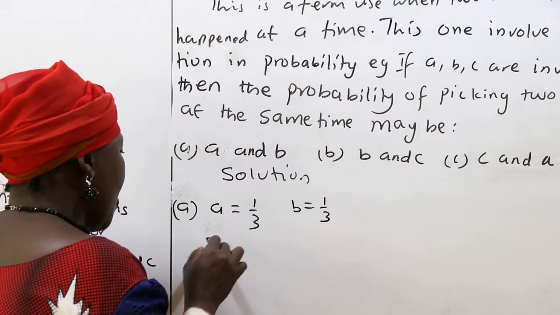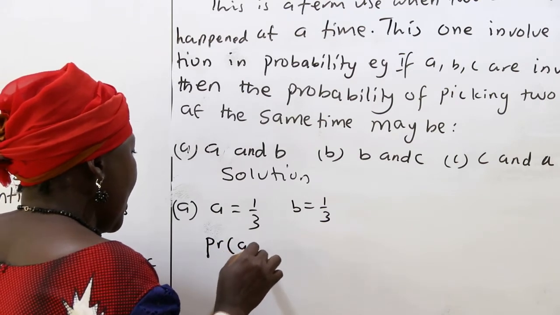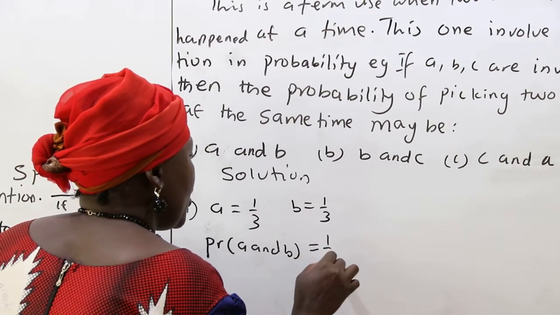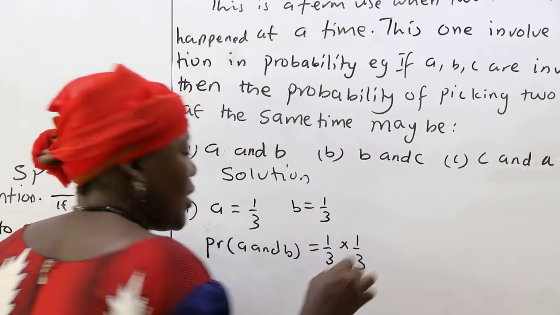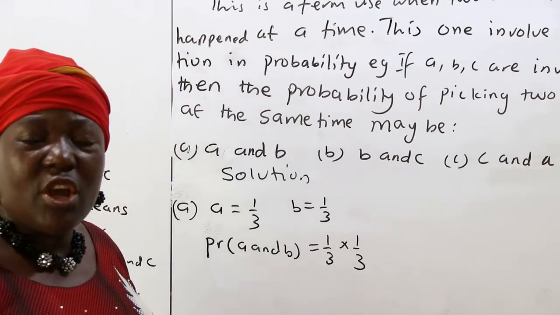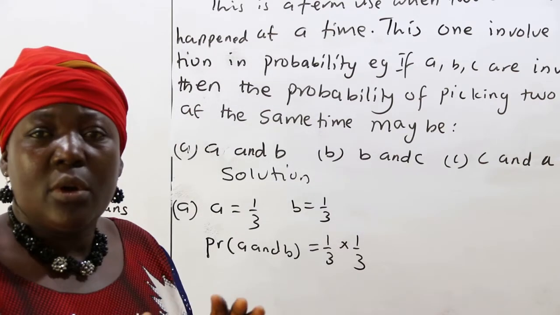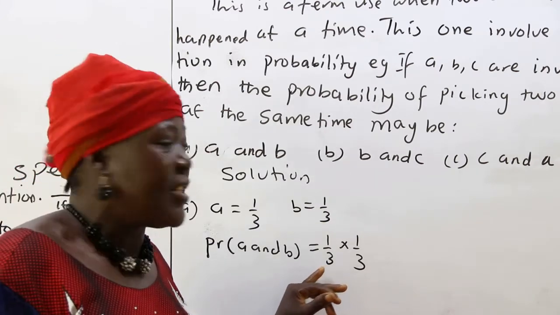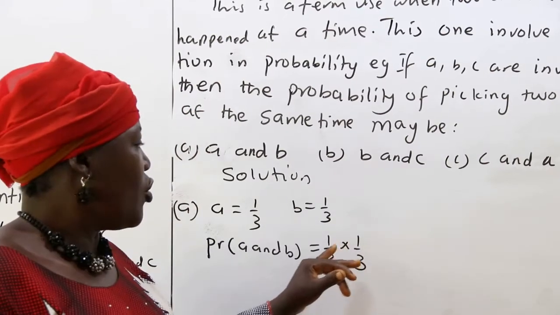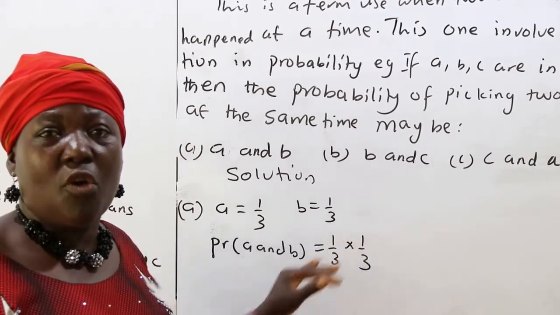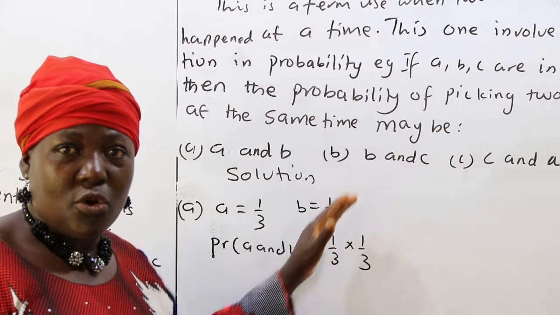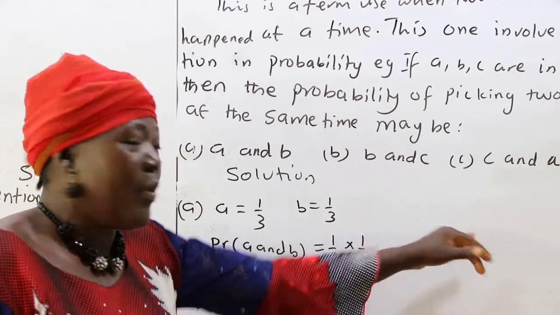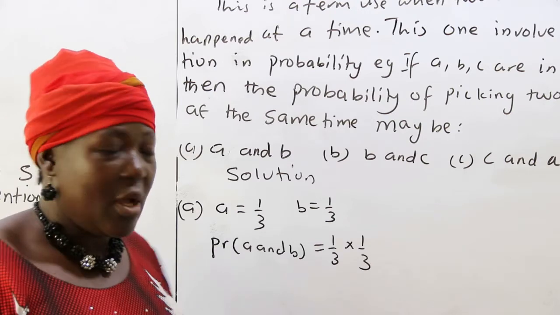Then the probability of getting A and B will be equal to 1/3 times 1/3. Okay? So if you have that in multiplication, you can cross divide if one of the numerators has a common factor with one of the denominators. But for this one, there's no common factor.